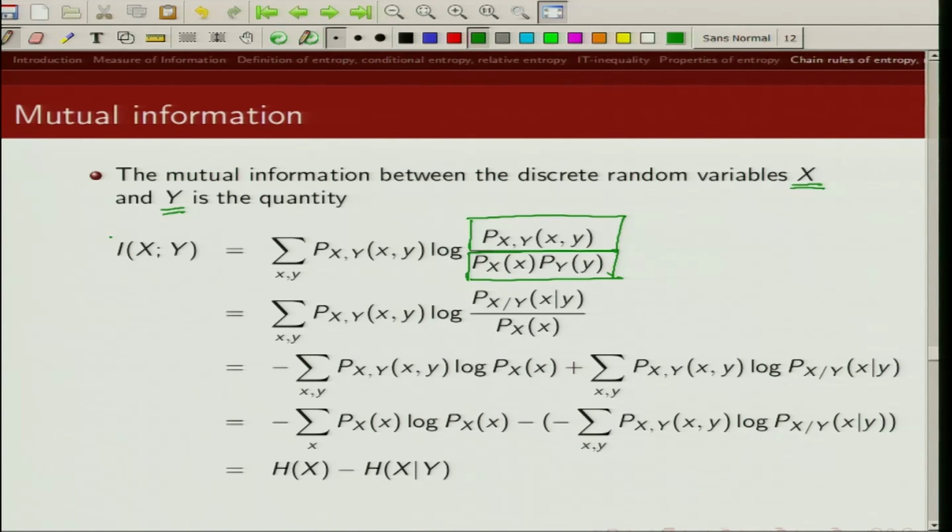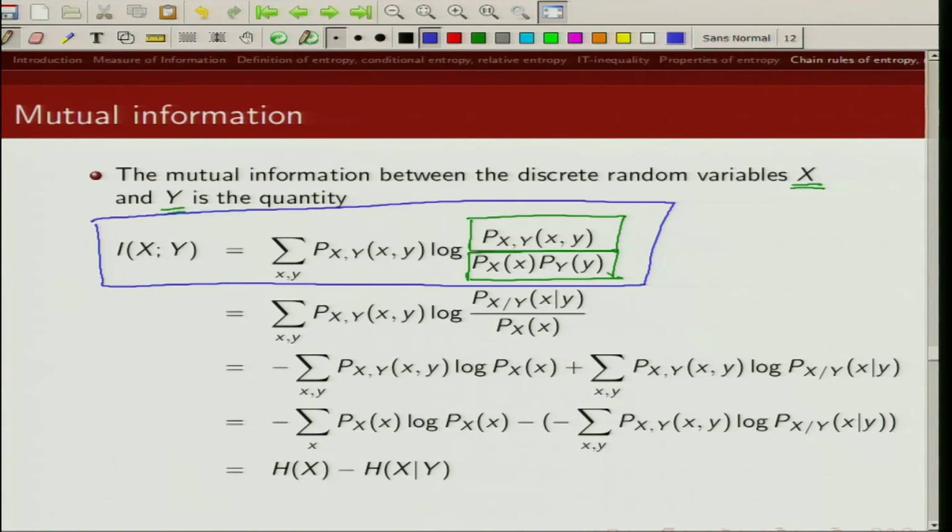This is how mutual information is defined. Now we can write this joint distribution in terms of conditional distribution. We can write this as probability of x given y times probability of y. So then this particular term can be written like this.